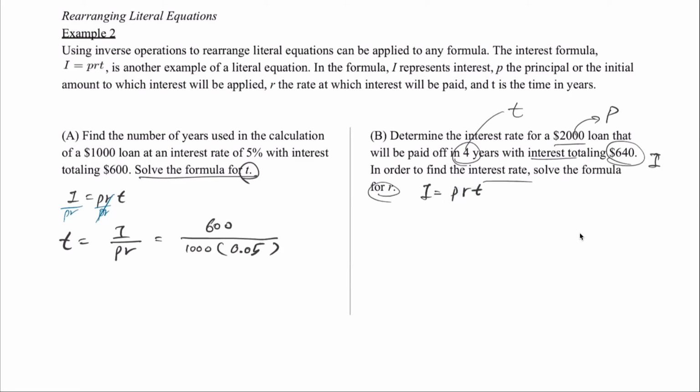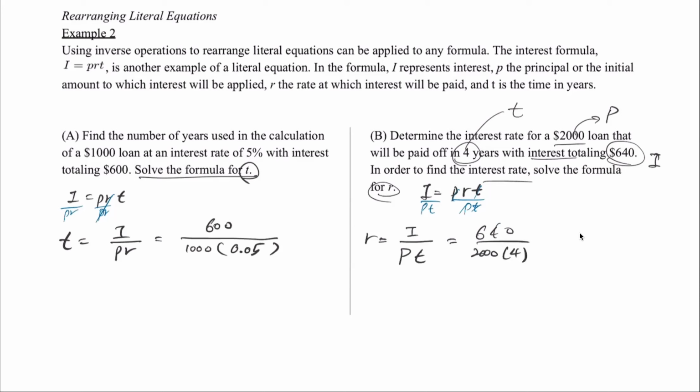We divide by PT. So R is equal to I divided by capital P times T. So what is I? 640. P is 2,000. And T is 4 years. That will give you the rate in decimal, so you would have to convert that into percent.